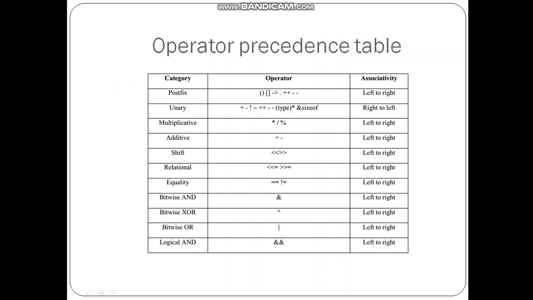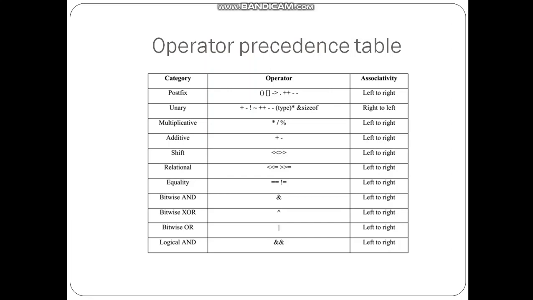Now let's see the operator precedence table. This table is important if you are going to evaluate any expression. In your expressions, if you get any operator, based on the precedence you will be evaluating it. If postfix is there, you will evaluate it first, then comes unary, multiplicative and so on.